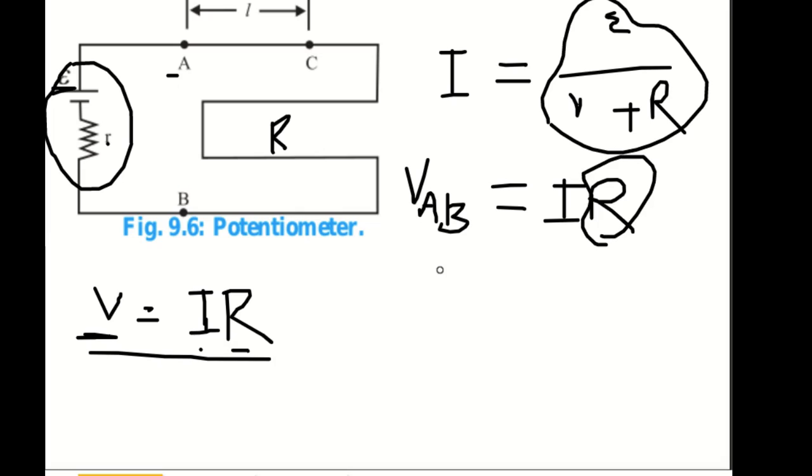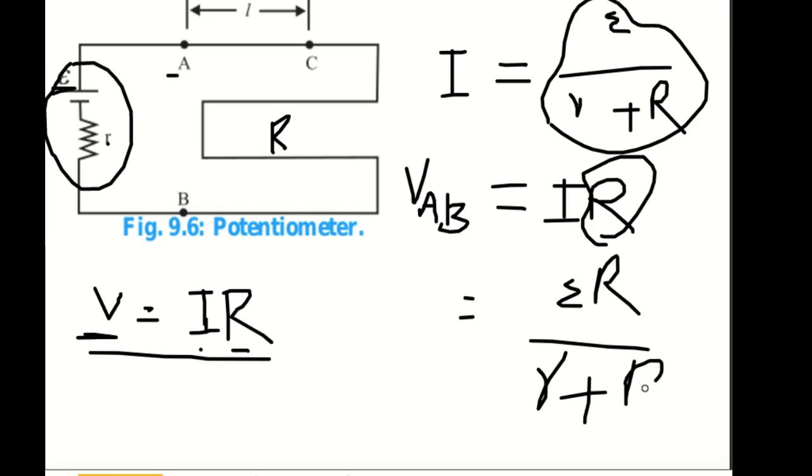So what will be the VAB? This is exactly equal to epsilon R divided by small r plus capital R, that is the internal resistance plus external resistance. We can say R is the external resistance. So we get this equation.